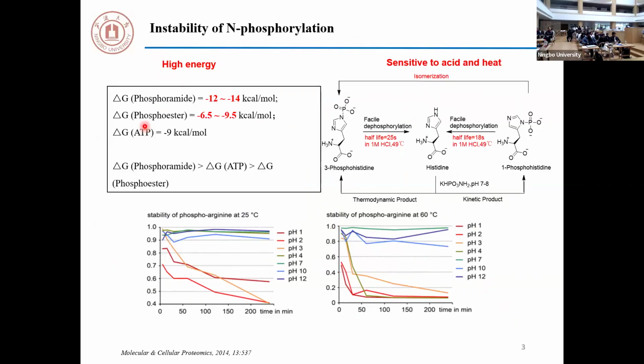Unlike the phosphoester bonds involved in oxygen phosphorylation, the phosphoramidate bond involved in nitrogen phosphorylation has a high free energy of hydrolysis, which makes it more labile and sensitive to acid and heat.